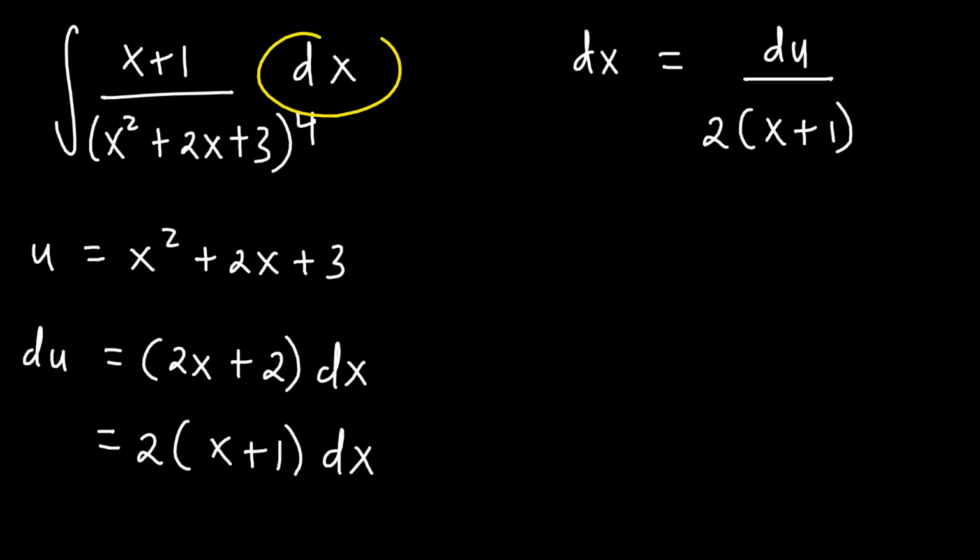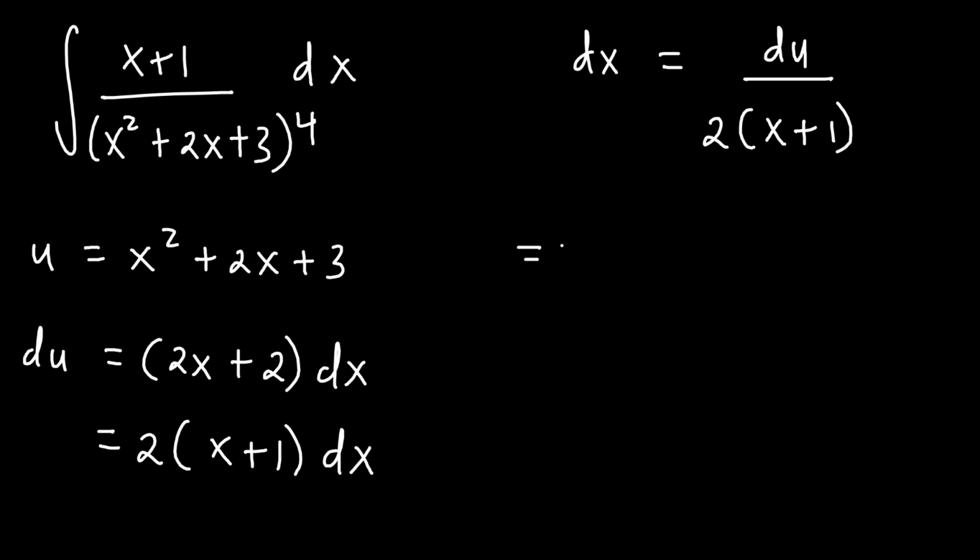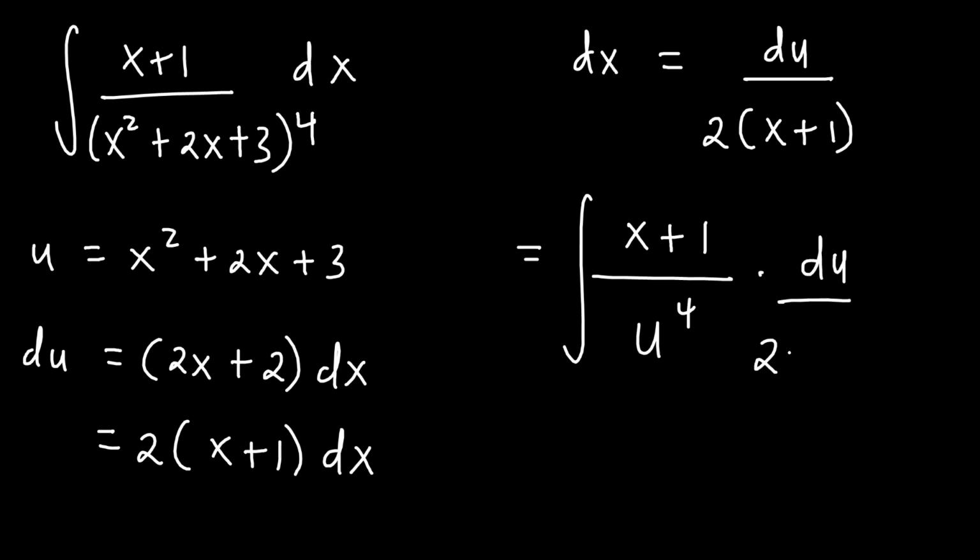And now we shall replace dx with this, and then replace this with u. So we shall have the integral of x plus 1 divided by u to the power of 4 times dx, which is du divided by 2 times x plus 1.